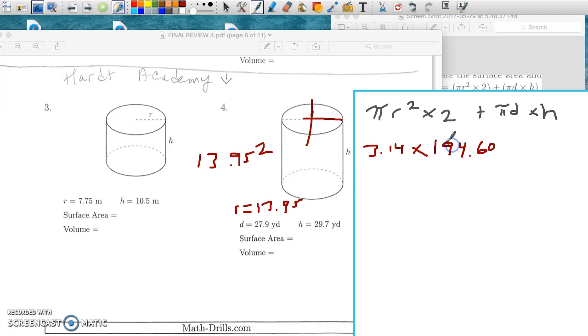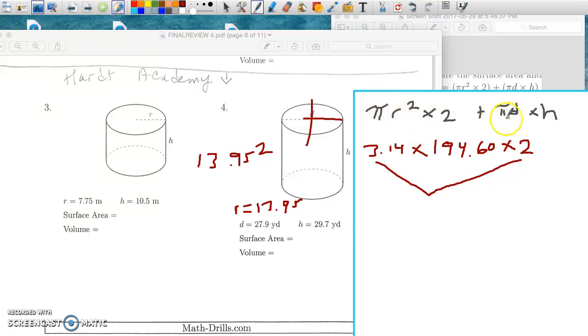Okay, now, so this is the first part, and then we have that last part, times 2. So times 2. There we go.